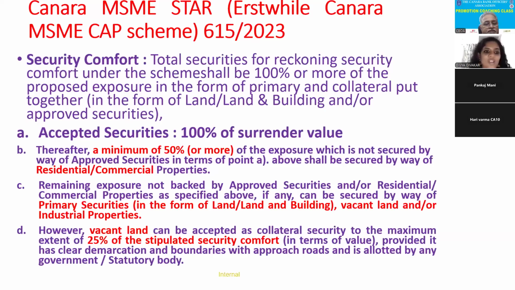The minimum has to be 50 percentage by way of approved securities, and 25 percentage has to be by vacant land. It is clearly mentioned in this slide, sir. You can go through this slide also regarding the security comfort for this Star scheme.